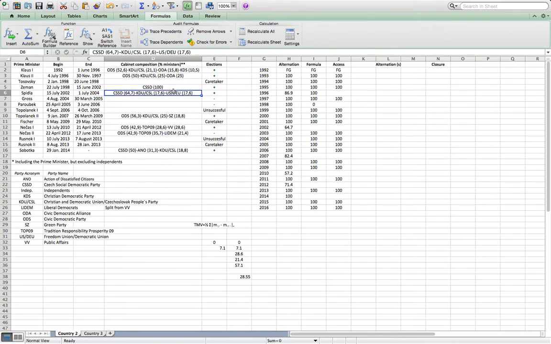In 2002, we see that there is not such innovation anymore. What we see is that part of this government was before, but because the Social Democrats and the Christian Democrats were never together in government, and not even, of course, with the liberals, there is a totally innovative formula.